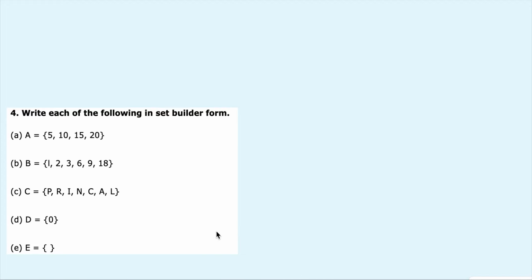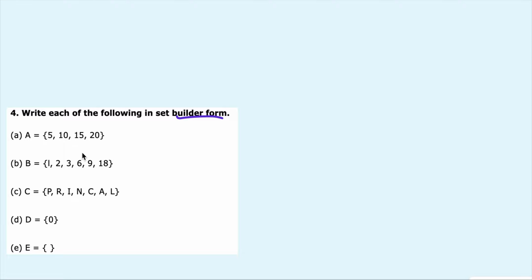Now we'll move on to set 4 right here, and in set 4 it says write each of the following in set builder form. So we have to write it in a sentence form, one can say, where we are actually now writing what the roster form is.